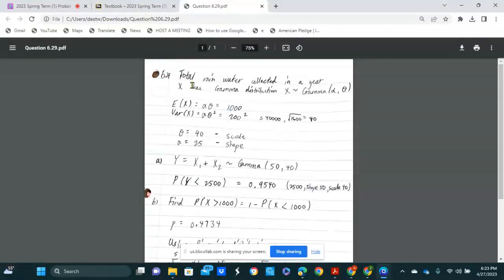So the total rainwater collected in a year X has a gamma distribution, and the expected value is 1,000 liters and the variance is 200 squared. I solved to find the scale of 40 and shape of 25.